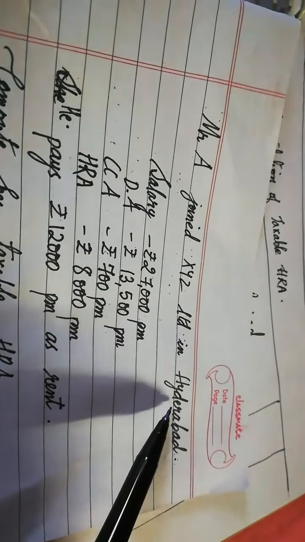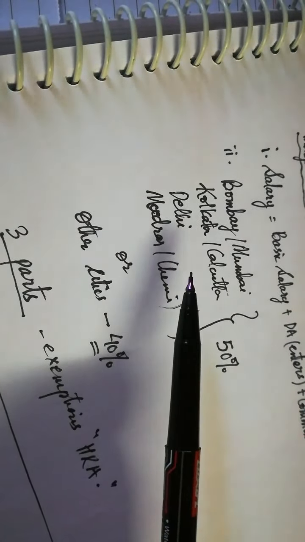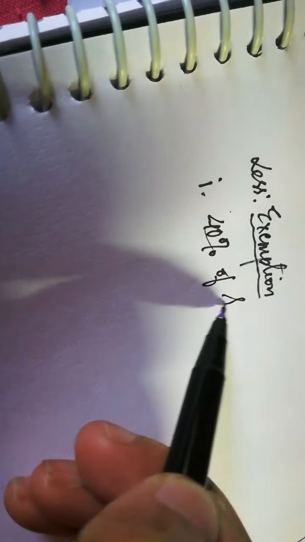In this question, they have given Hyderabad. Hyderabad is not Bombay, Delhi, Madras, so not 50. It comes under other cities. So 40%. So part 1 will be 40% of salary.